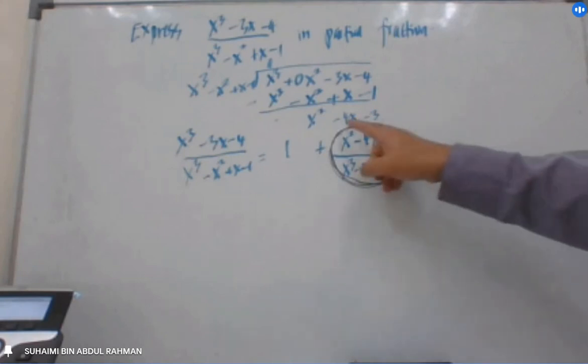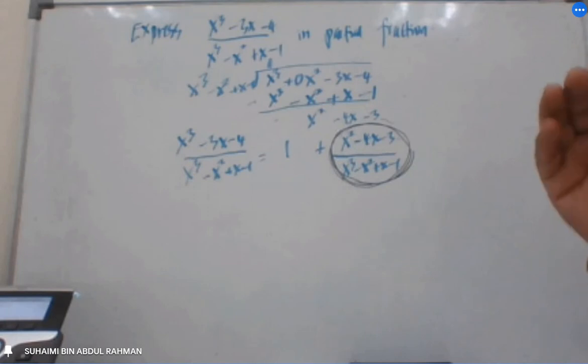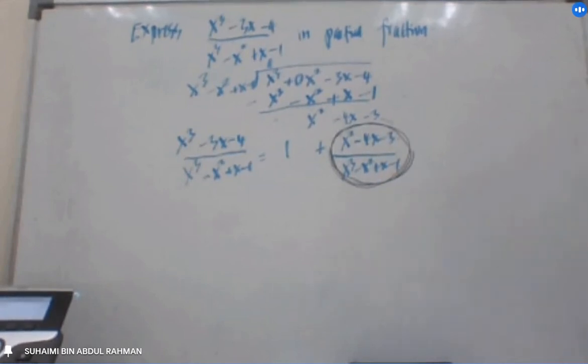So what do we get after a polynomial divided by a polynomial?